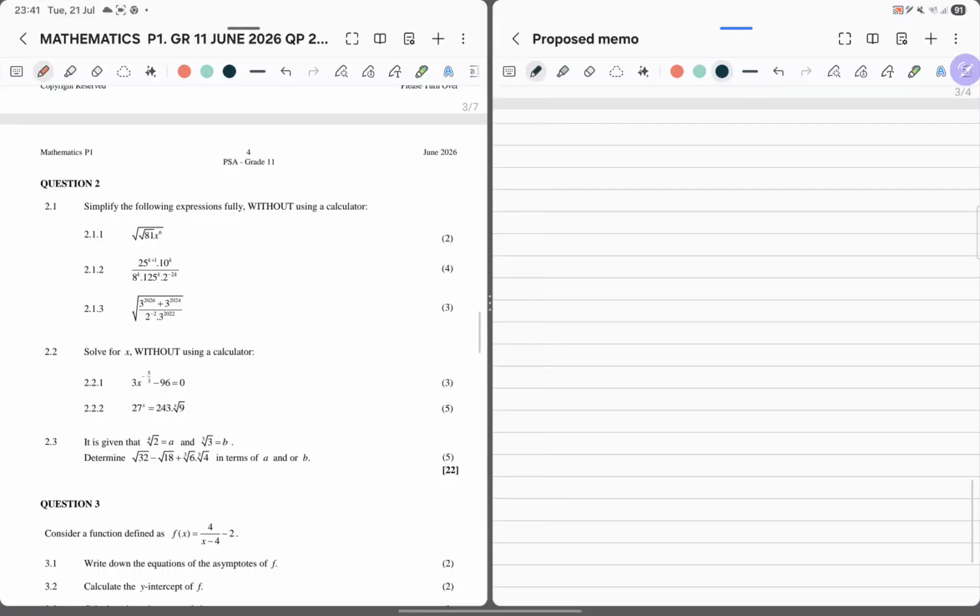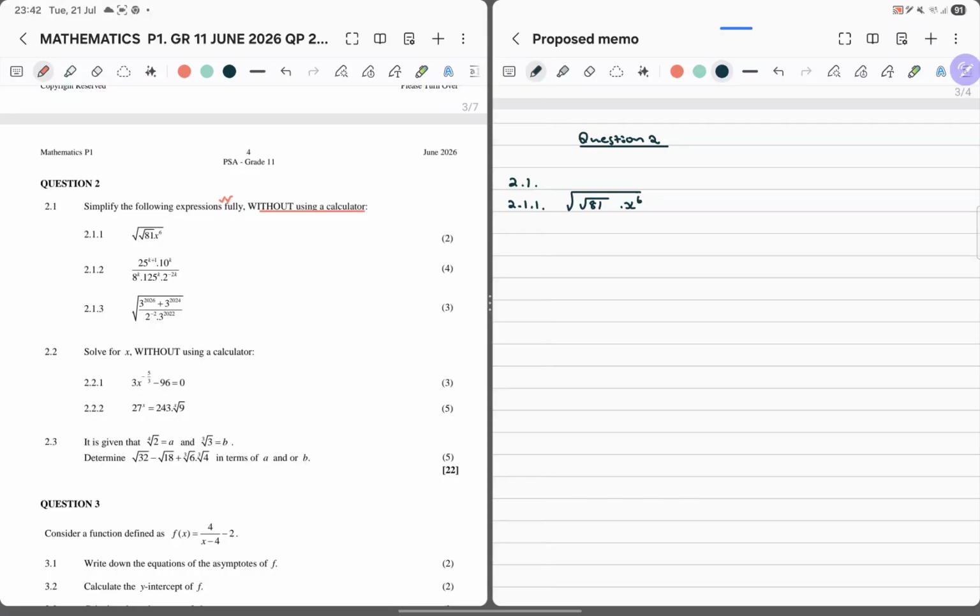Okay, let's get to question 2. Question 2 says, simplify the following expressions fully without using a calculator. So we know that this is part and parcel of algebra and arithmetic. So 2.1.1, we've got the square root of the square root of 81 multiplied by x to the exponent 6.